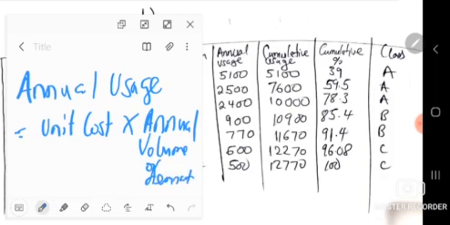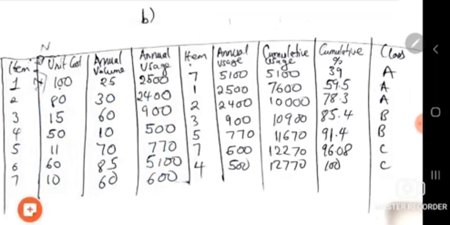And then the next column is what? Cumulative. Let me close this window first that I opened. So the next one is item. Why has item repeated itself, you might ask? Well, we are now rearranging. That's what's happening in the fifth column. It's called the rearranging column. The thing is that we are rearranging the items according to the one which has the highest annual usage. You will notice from the figures that the highest annual usage was 5,100.